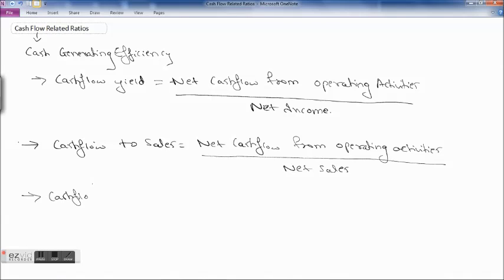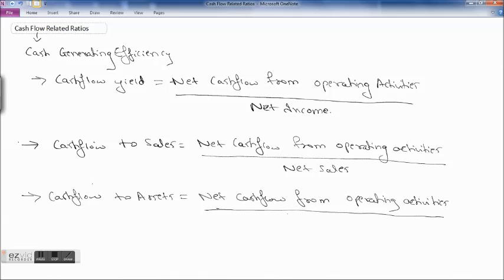Then there is one more, cash flow to assets. It will be your net cash flow from operating activities divided by your average total assets.